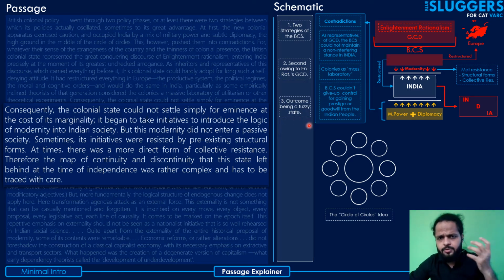And finally, he talks about how all of this application of external force and the resistance on the part of the Indians resulted in India becoming a fuzzy state in a sense, right? A combination of continuity and discontinuity, which is a very complex structure and should be traced with care. Okay. All right. Let's come to the next para then.